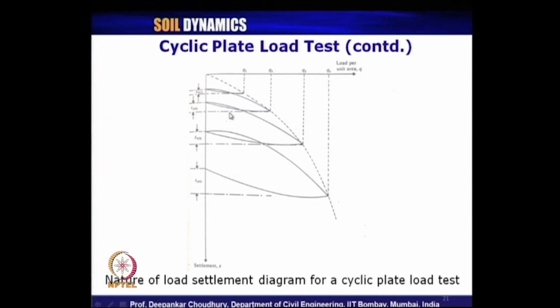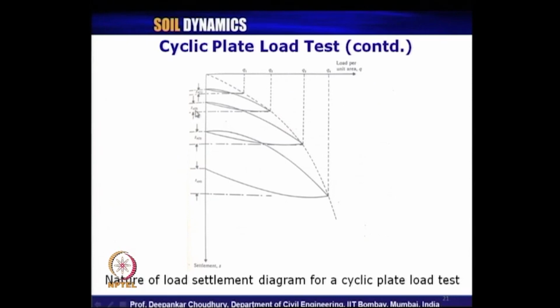So, draw a horizontal line from there. Next, after taking out the load completely, the settlement remains up to this. So, the amount of settlement it could recover is this much value. So, this is the elastic settlement under the load Q2.